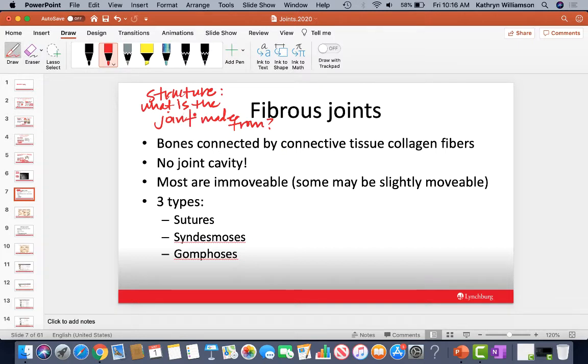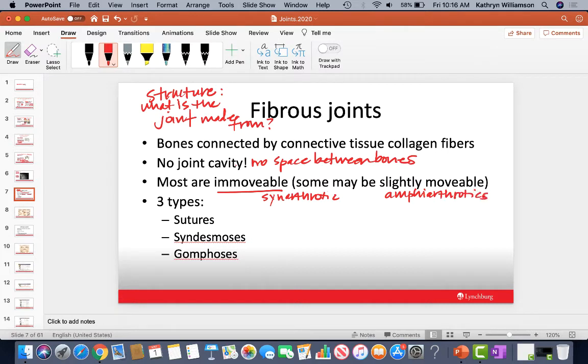With fibrous joints, the bones are connected by connective tissue collagen fibers. There's no joint cavity, so there's no space between bones. Most of these are going to be immovable, so for the most part they're synarthrotic. Some of them might be slightly movable, so they would be amphiarthrotic.